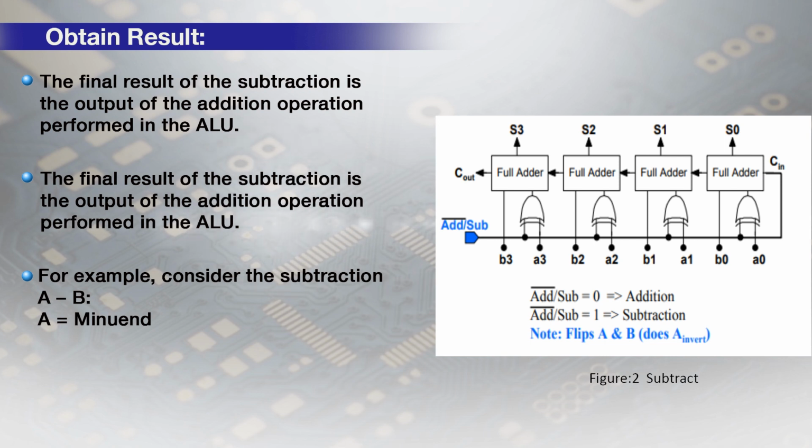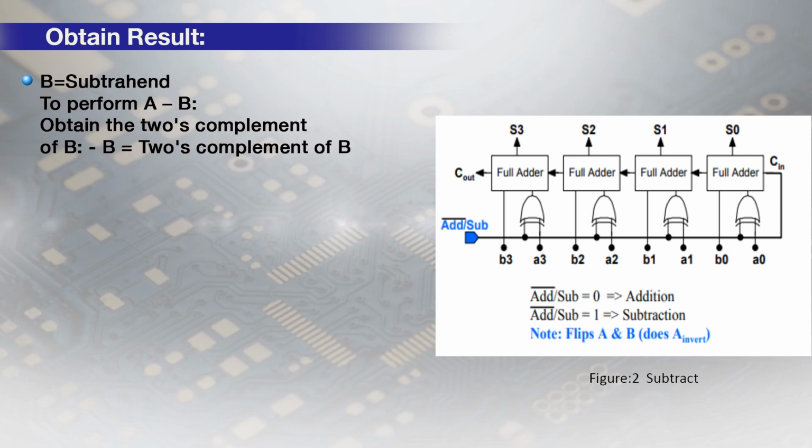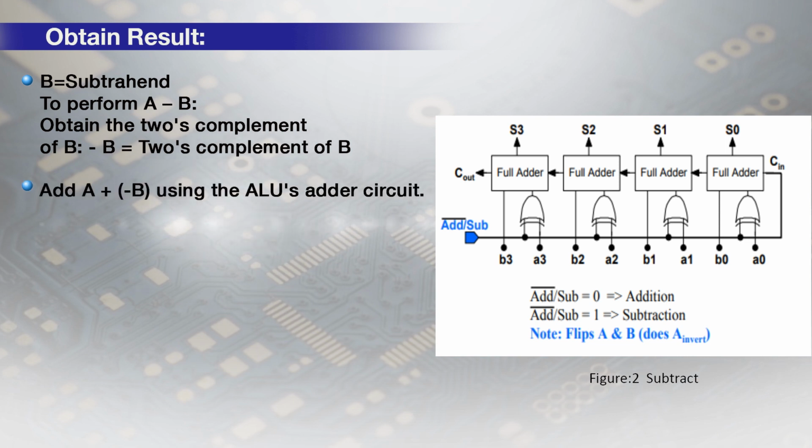For example, consider a subtraction a minus b, where a is the minuend and b is the subtrahend. To perform a minus b, obtain the 2's complement of b, that is minus b. Add a plus minus b using the ALU adder circuit.